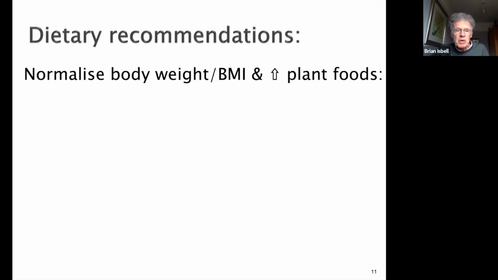We would look to normalize body weight. Now, I don't know if you've heard the term BMI, body mass index. It used to be recognized as a way of measuring how overweight, normal weight, obese, or very obese an individual is. It gives us a number to work with. But there's some questioning about BMI now, because BMI doesn't really reflect where the actual fatty tissue is.